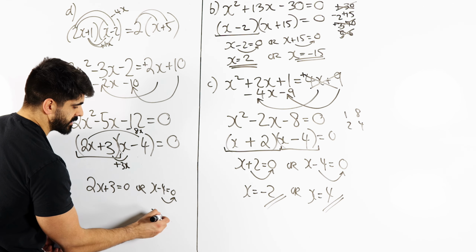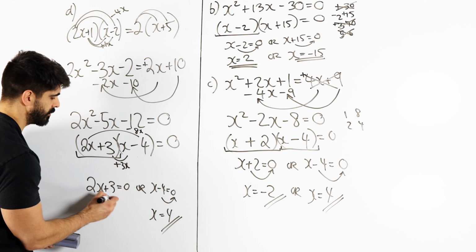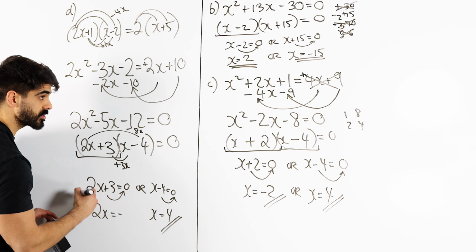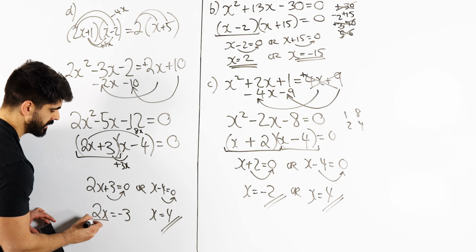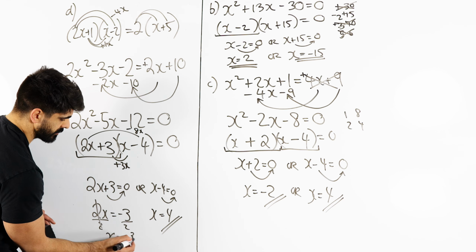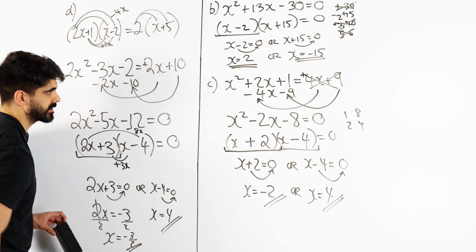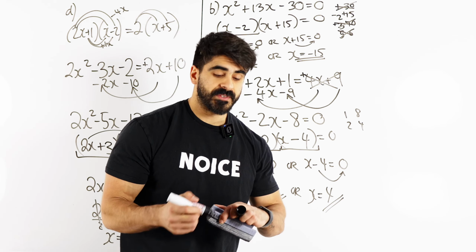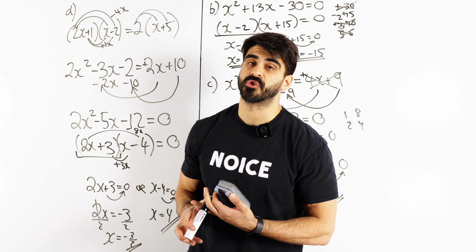A minus 4 on the left is a positive 4 on the right. Here we need to move the 3. A plus 3 on the left is a minus 3 on the right. And then we just divide by 2. That cancels. X is minus 3 over 2. And x is 4. So I've given you guys 4 varying levels of difficulty solving quadratics.